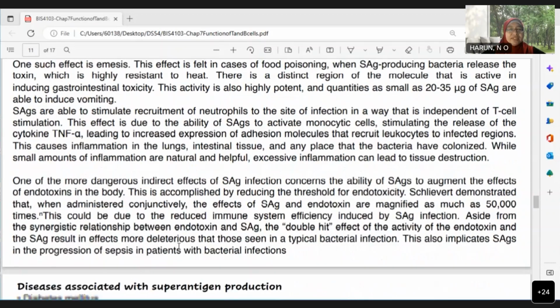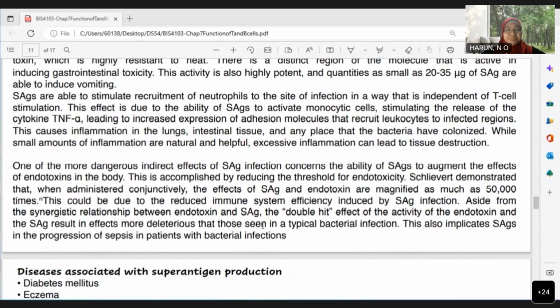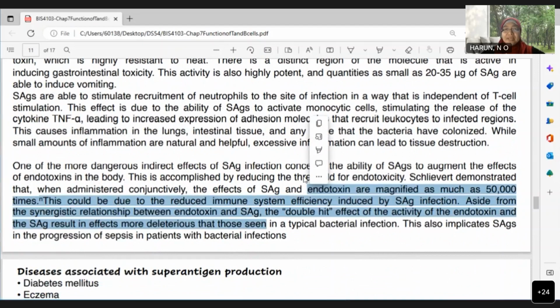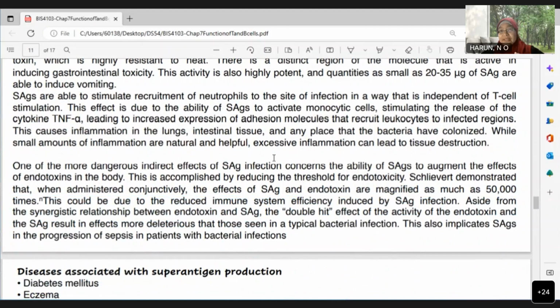And also one of the most dangerous indirect effects, please bear in mind it has both a direct and an indirect effect, is the ability of SAG to augment the effects of endotoxin in the body. This one we cannot see. This is accomplished by reducing the threshold of endotoxicity. Chevrolet demonstrated that when administered conjunctively, the effects of SAG and endotoxin are magnified as much as 50,000 times.